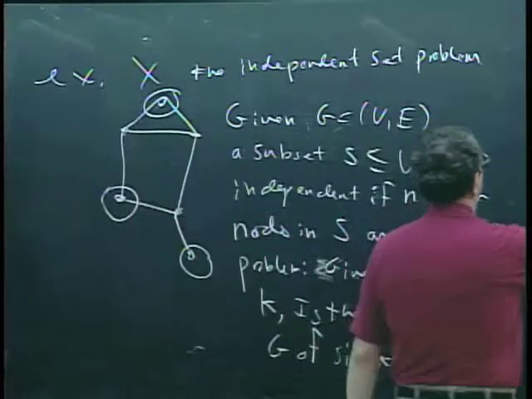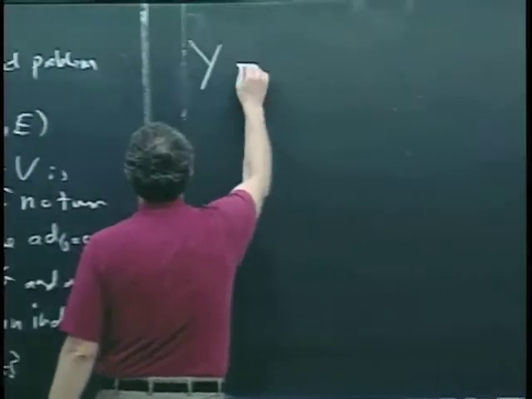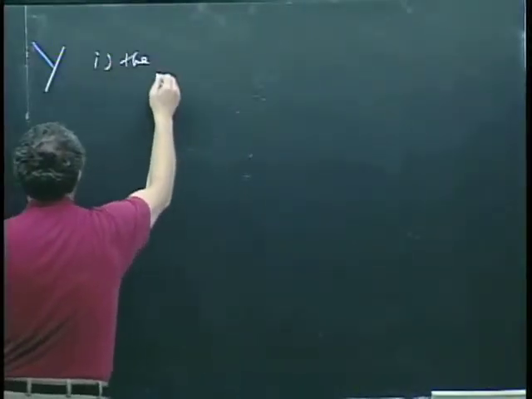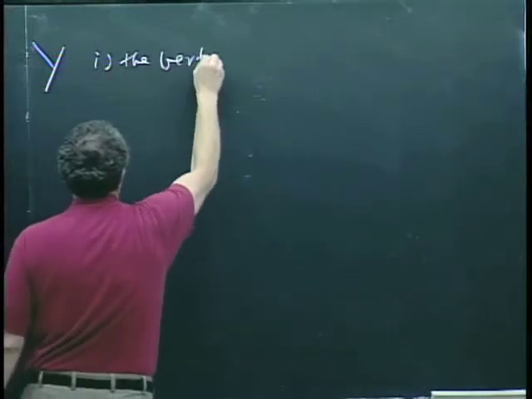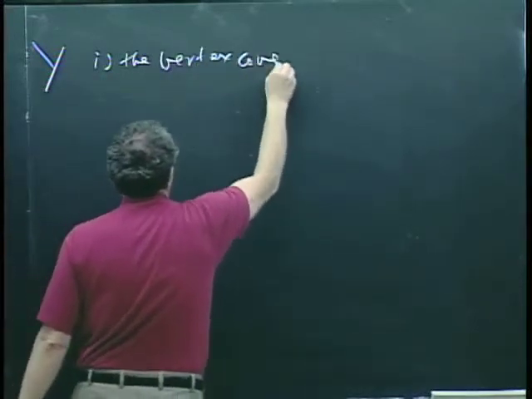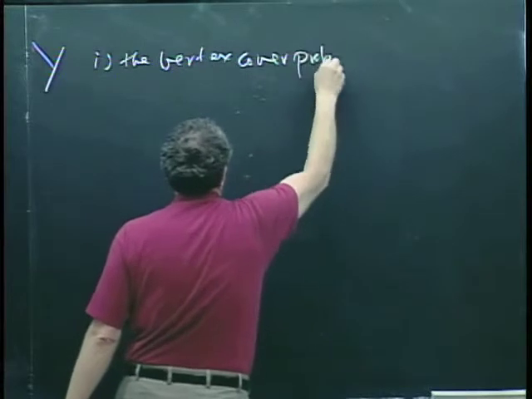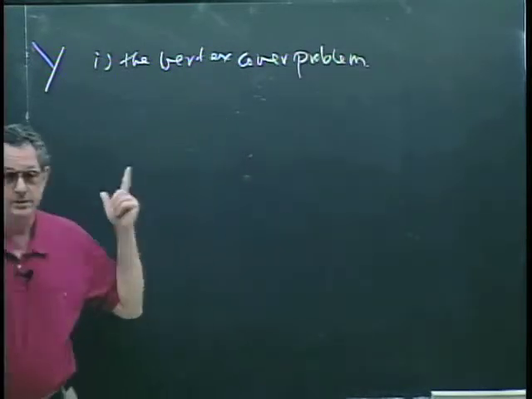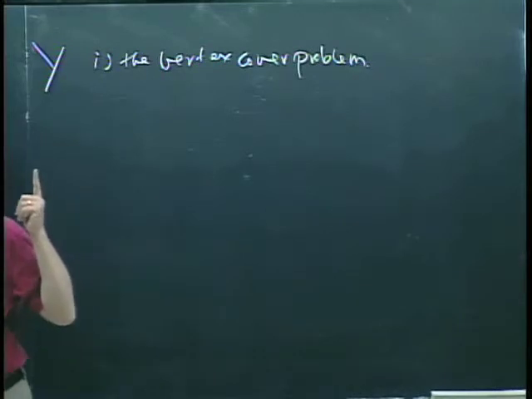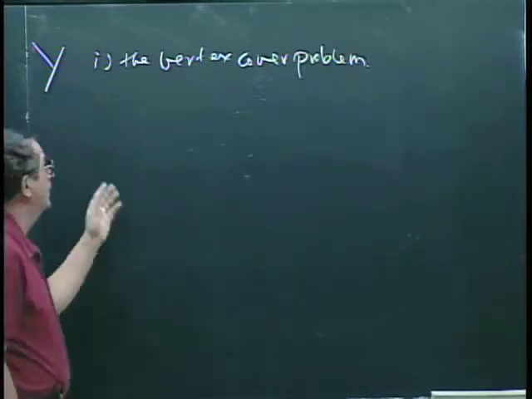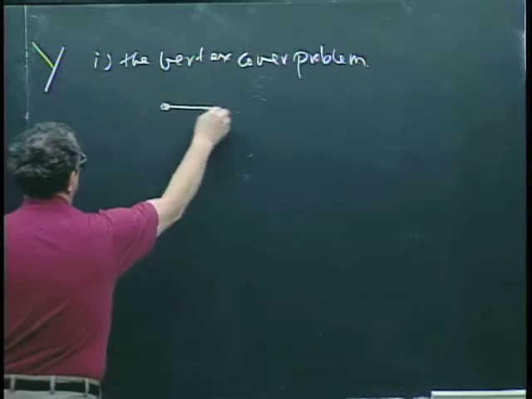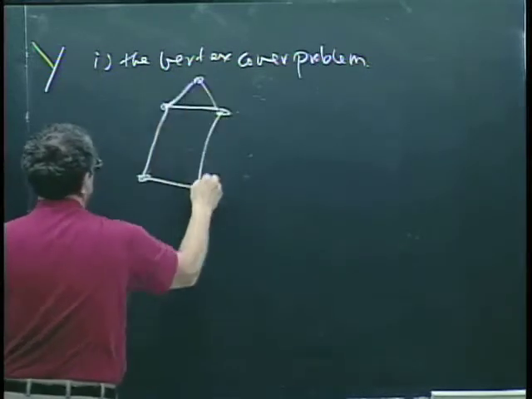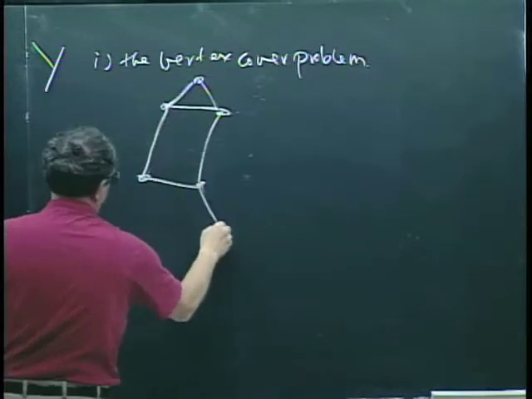Let's define Y as the vertex cover problem. You remember this was discussed just last Friday. Vertex cover is the problem of, given a graph, well, let's take this graph.